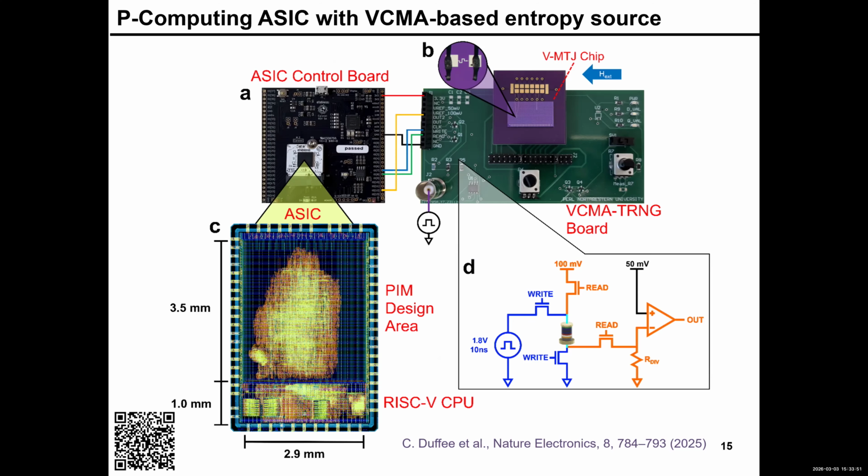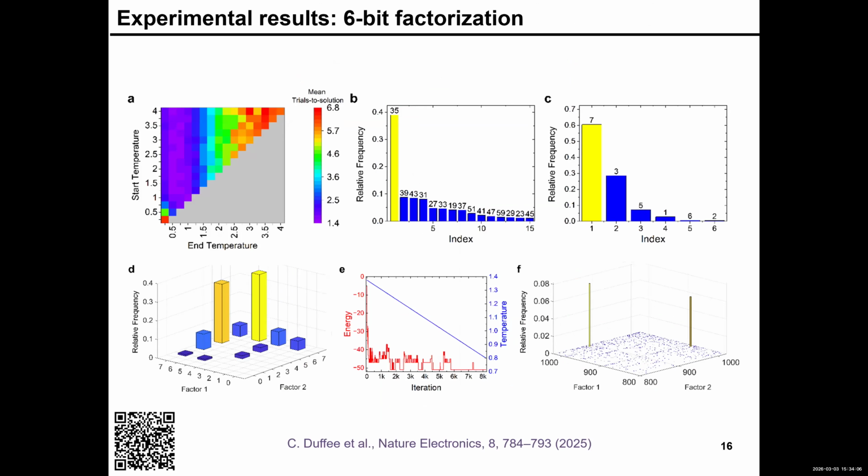In this chip, again, I will show you other flavors of this later on. What this chip was essentially a series of invertible multipliers of the same kind that I showed you a couple of slides back. So these are some results from this chip, or from this system, really a hybrid two-chip system. You can see here on the top left, basically a summary of the annealing schedules that we did on this.